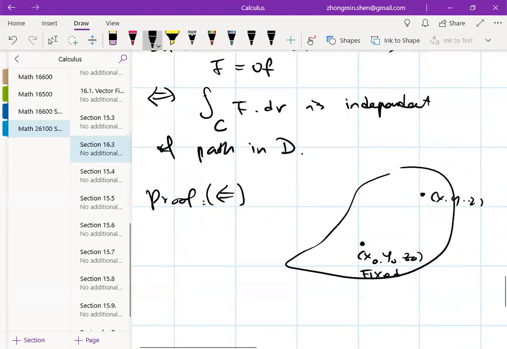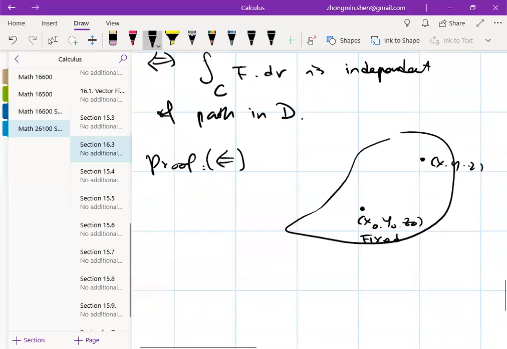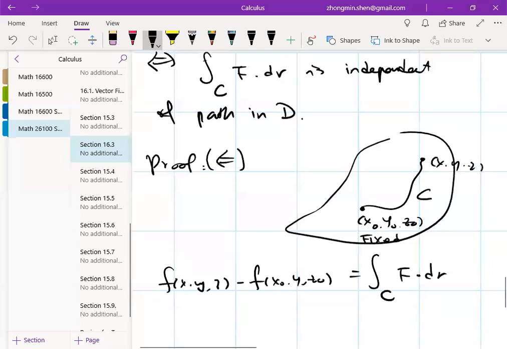I want to construct such f. Such f is constructed in the following way: it's just a line integral of F. An arbitrary curve C you take. Since it's independent of C, no matter which C you choose, you don't get different values.